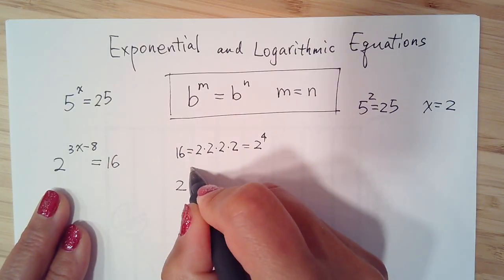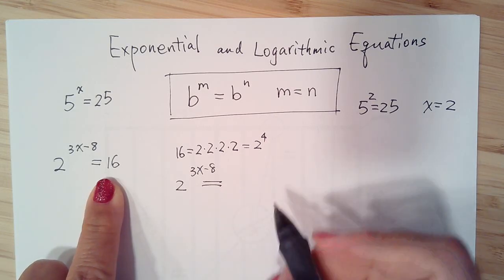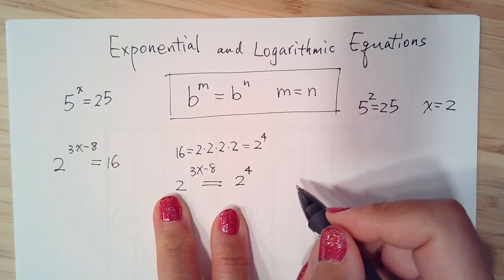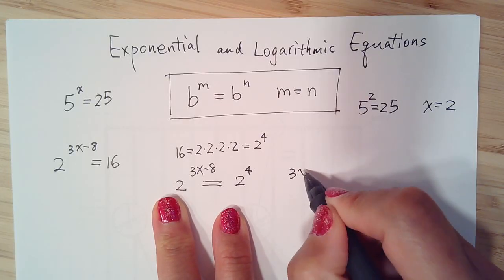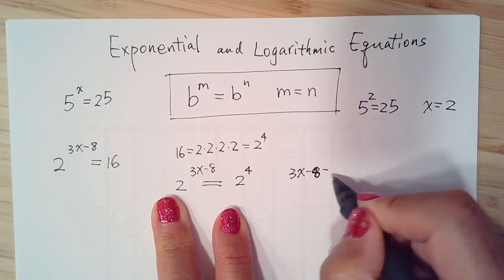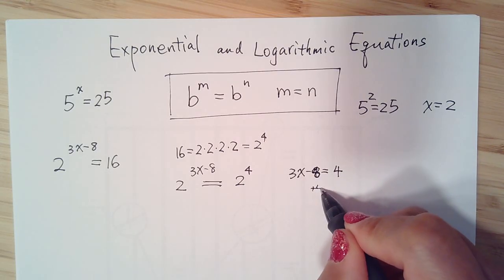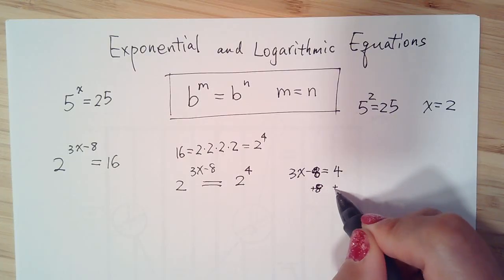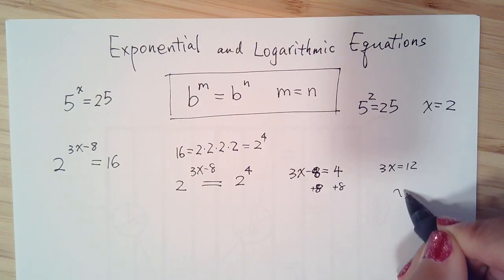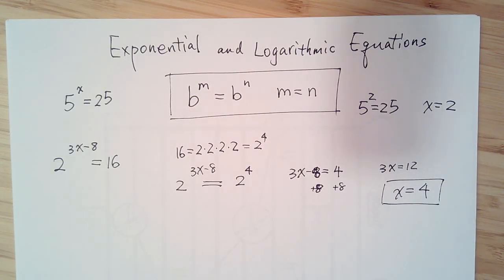This is 2 to the 3x minus 8 equals, I rewrite 16 as 2 to the 4th power, and then same base, then the power has to be the same. 3x minus 8 equals 4. And then I add 8 on both sides. So I get 3x equals 12. I get x equals 4. Done. I solved it.